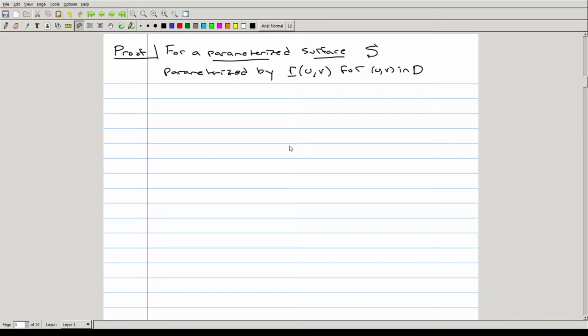We assume that we have a surface that we parameterize as S, and the boundary curve C can then be parameterized.